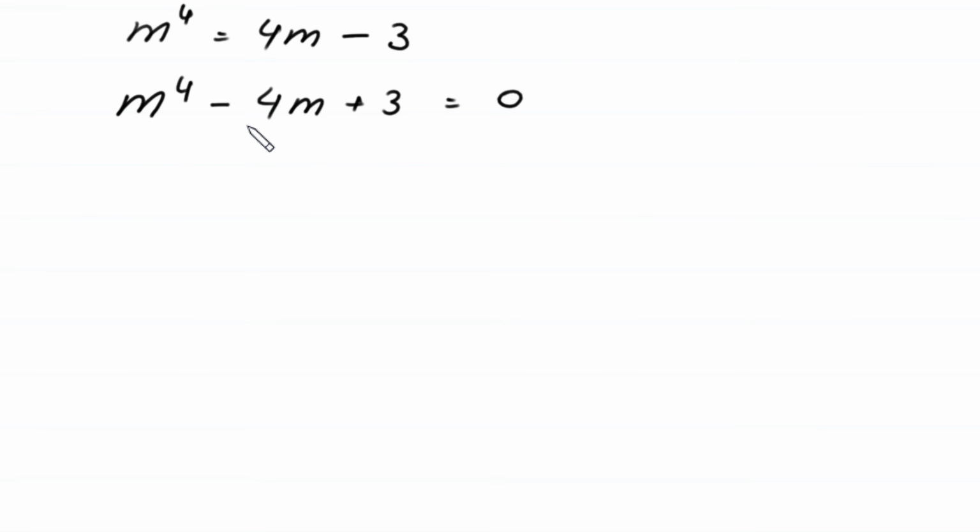Now because here we have 4, so to make this 3 same as 4, we add and subtract 1 in this expression, like this: m^4 - 4m + 3 + 1 - 1 is equal to 0.